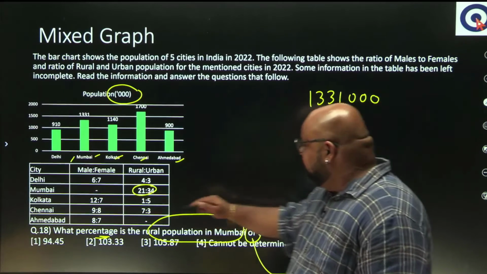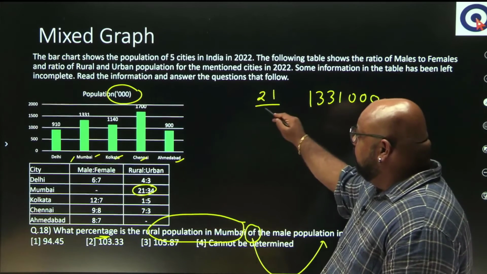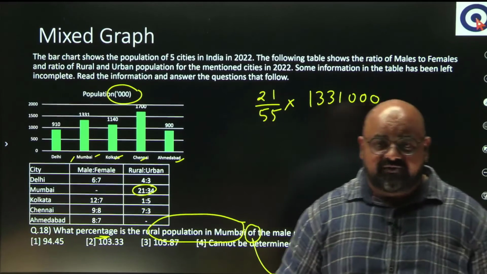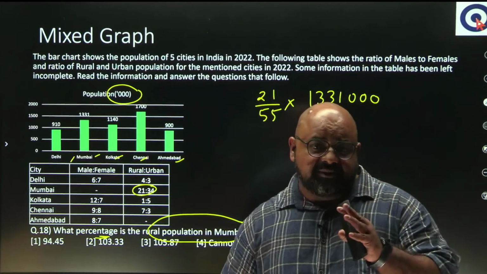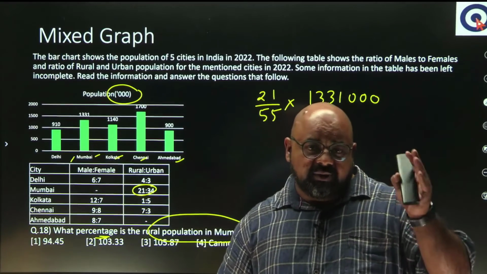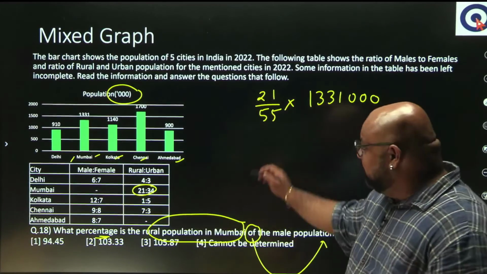The rural population will be 21 upon 55, because rural plus urban is in the ratio 21:34. So the total becomes 21 plus 34, 55, out of which 21 is rural, therefore 21 upon 55 of 13,310.